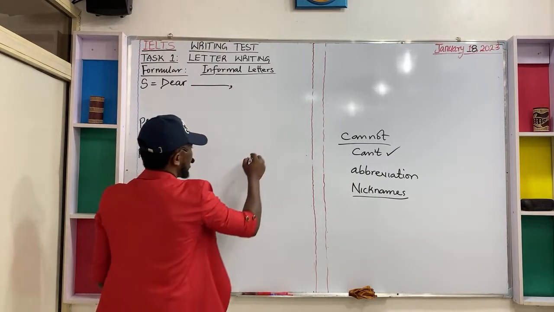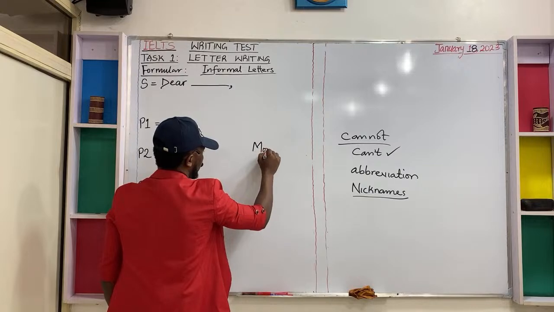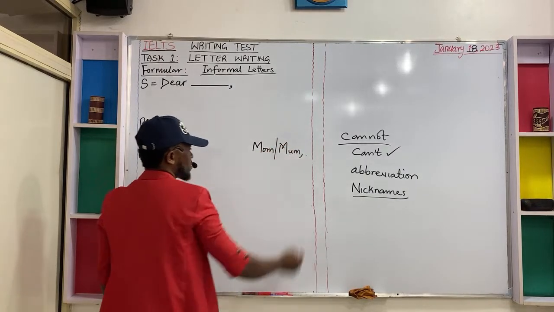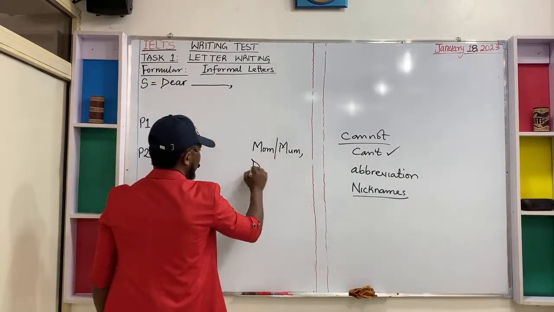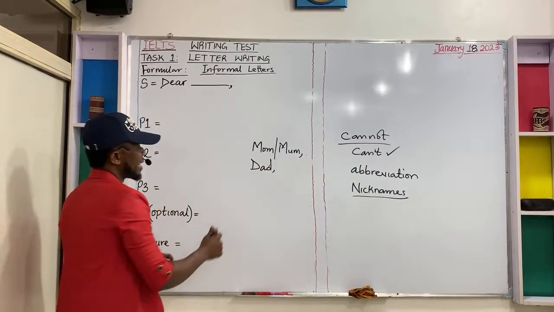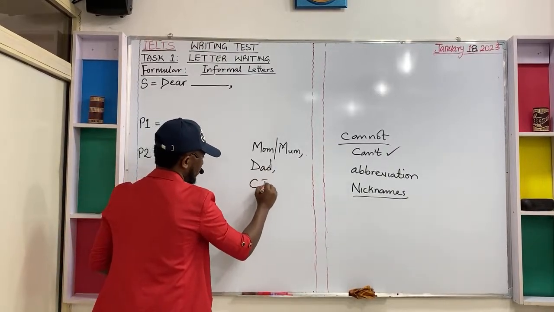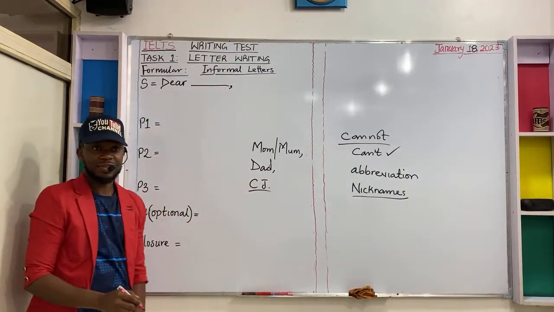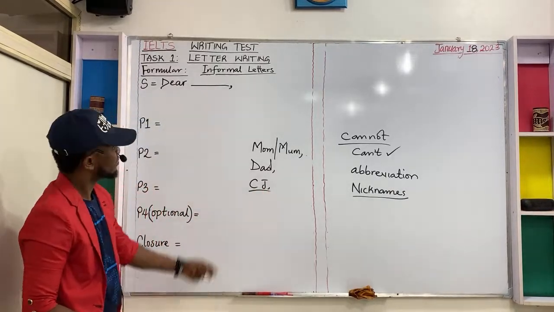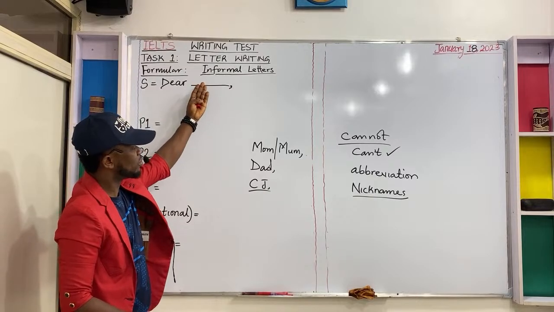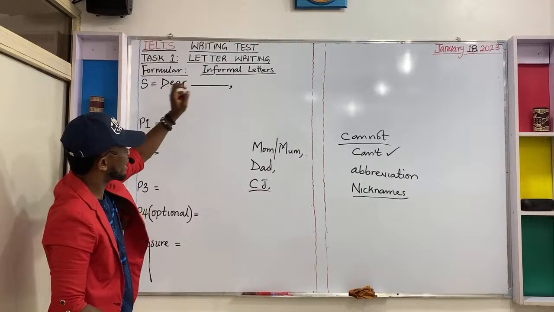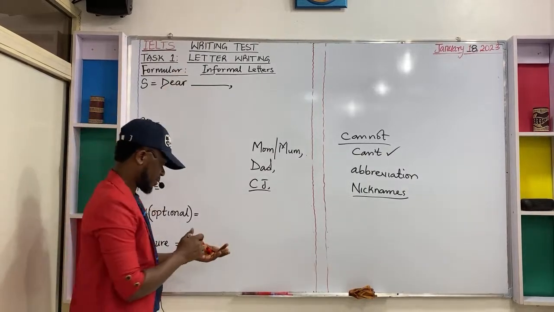You can say dear mum or dear mom, whichever you want to use. You can use dear dad, right? You can choose to say dear CJ, right? Then remember, a comma has to come in. So whoever you are writing to, choose whatever name you want to use to address the person.